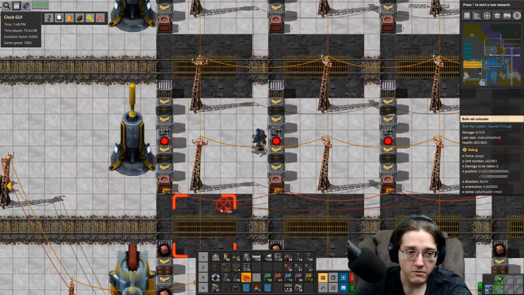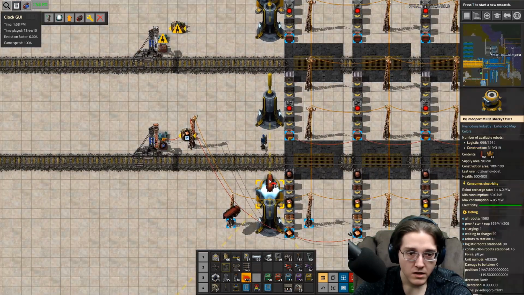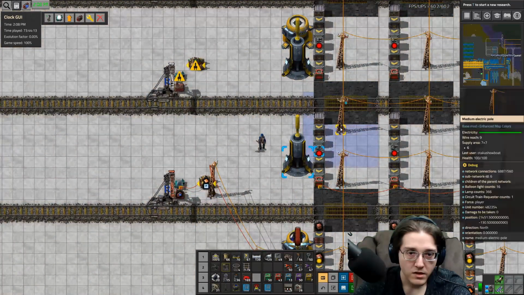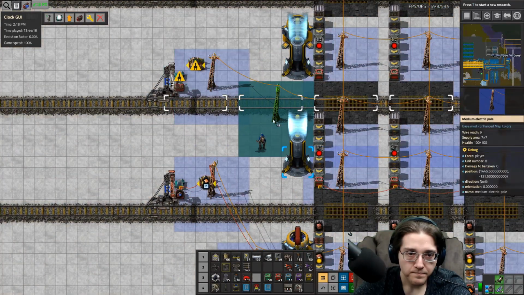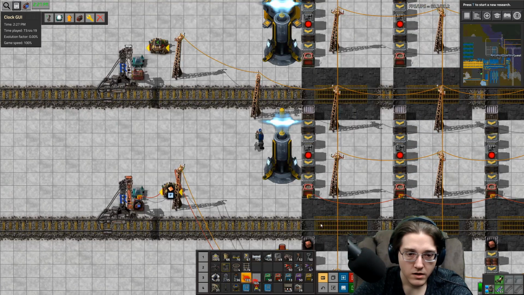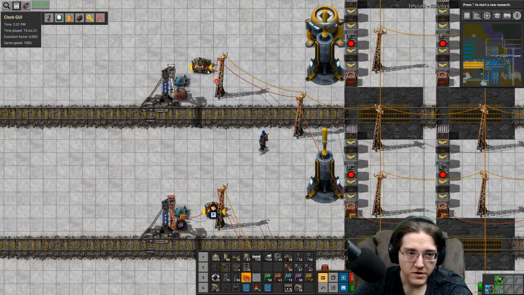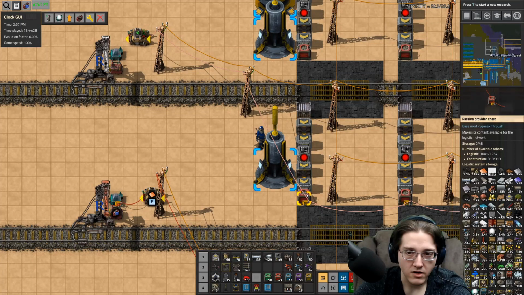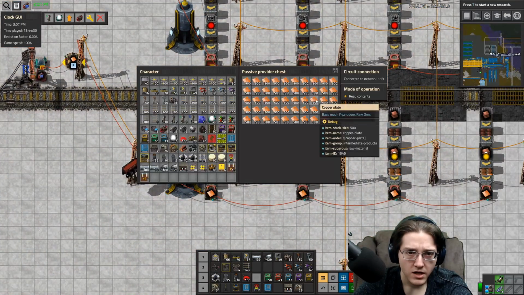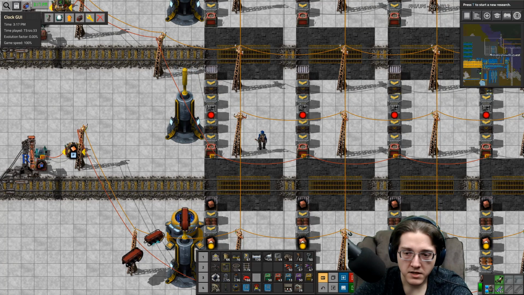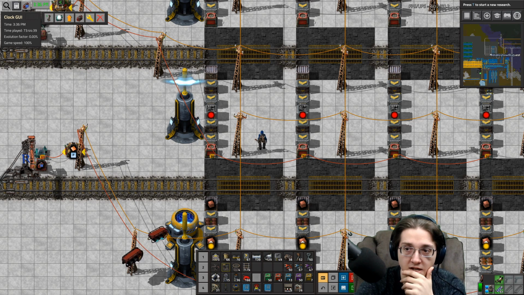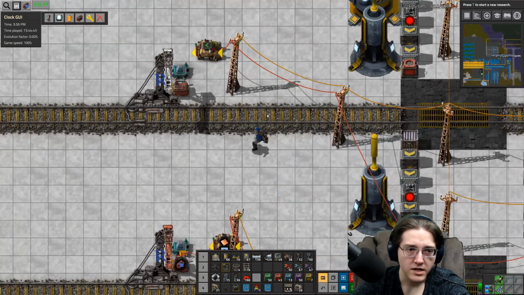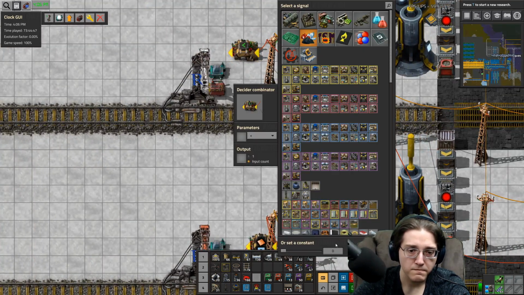So we're just going to wire up these chests, send the wire over to there. We're going to check. In this case, these are 48 storage. 48 times 4 times 100, 1920 divided by 2. 9,600 is what I'm looking for here.